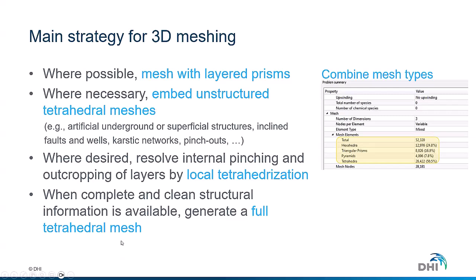But sometimes there are cases where you would like to simulate some complex structures. Let's imagine you have some inclined faults, or wells, or karstic networks, or pinch-out of geological layers, and others. If you work with layer-based or prismatic models, you will typically end up with an unnecessary number of elements.